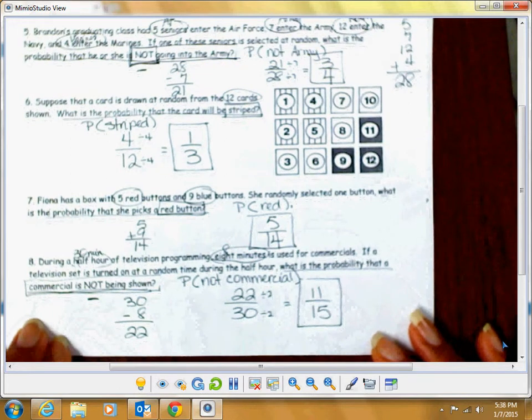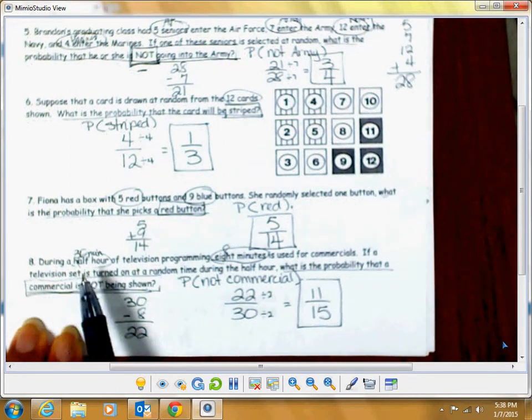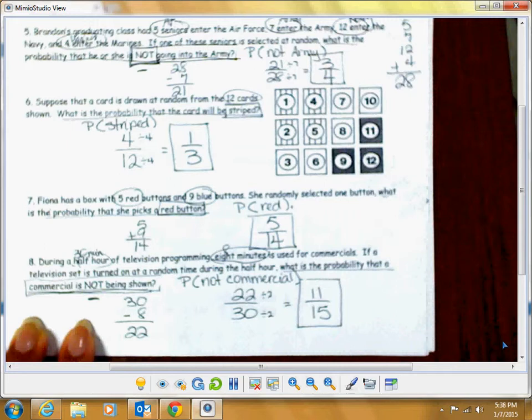And number 8, the last one on this page, was during the 30-minute half hour of television programming, 8 minutes are going to be commercials. If the television is turned on at random during the half hour, what's the probability that a commercial is not shown? So again, not means subtract. So we need to get our total. And the total, since it said half hour programming, means we've got 30 minutes total. If I do not want the commercials in there, then I need to subtract out the 8 minutes of commercials.